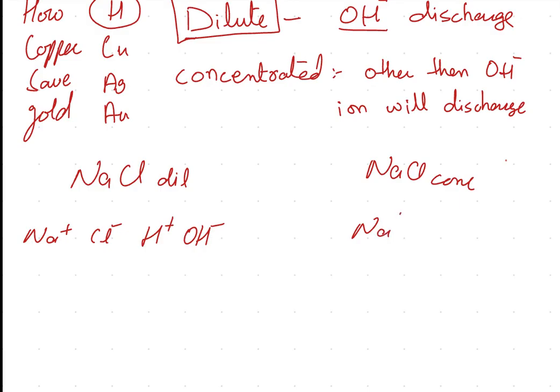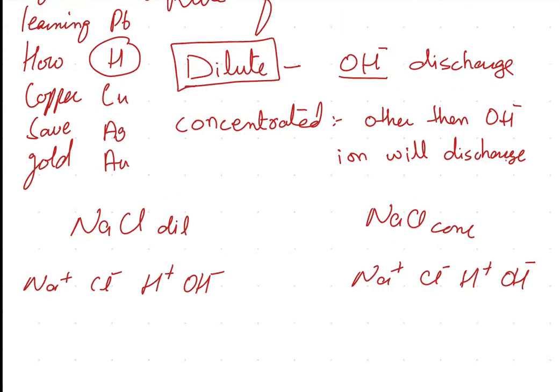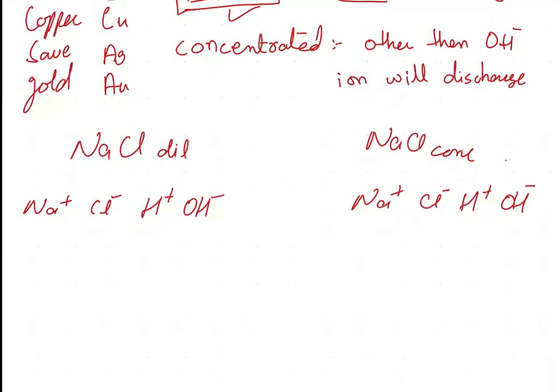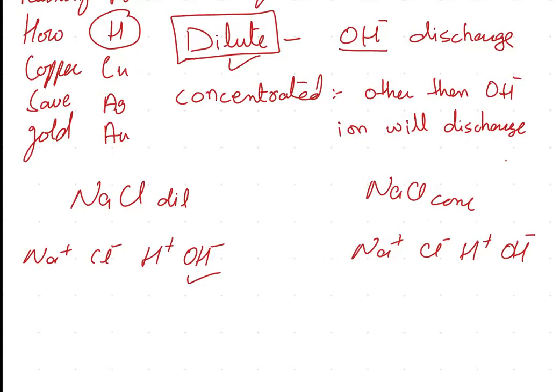According to the rule of negative ion, whenever the solution is diluted, the OH negative ion will discharge. But when the solution is concentrated, other than the OH negative ion, that negative ion will discharge, that is Cl. So in this way we can memorize the rule for the negative ion.